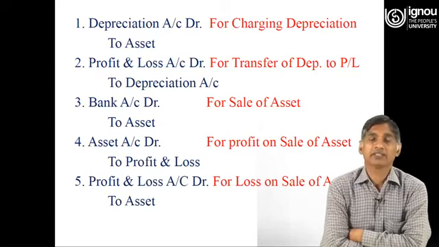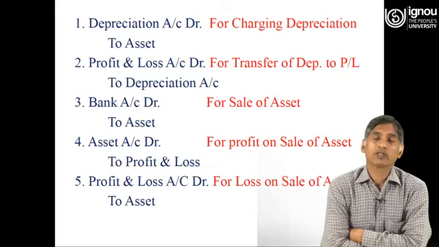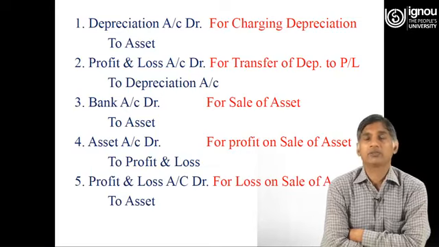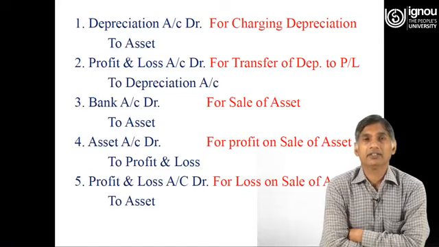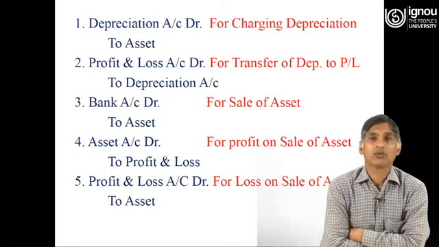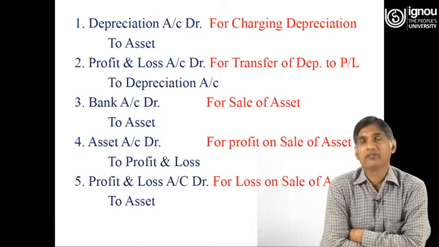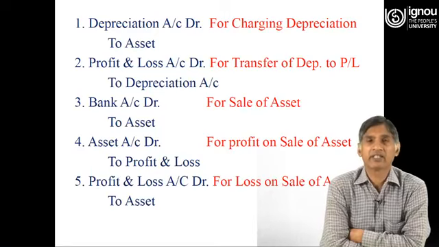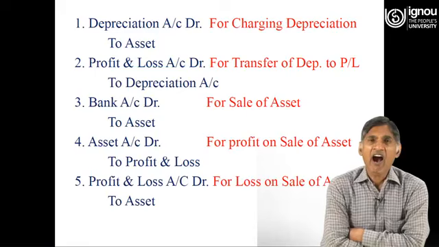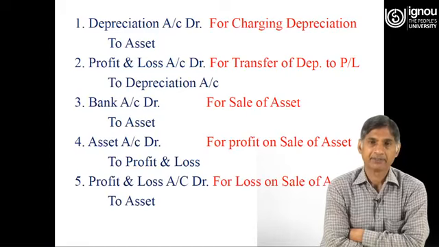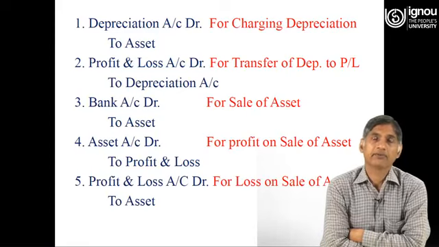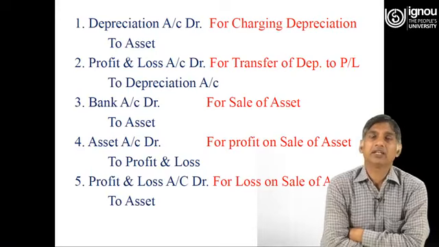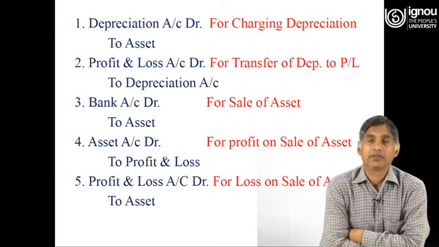Then the third one is for sale of the asset. When the asset is sold in the market, the journal entry would be bank account debit to asset, because when we make the sale of the asset, we will realize the amount, therefore the bank account will be debited.